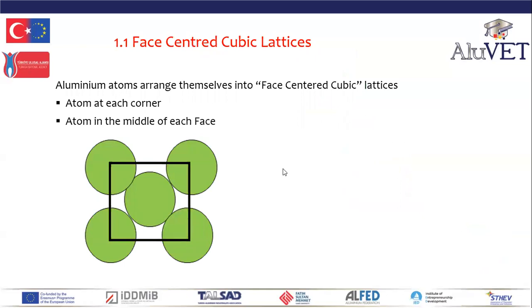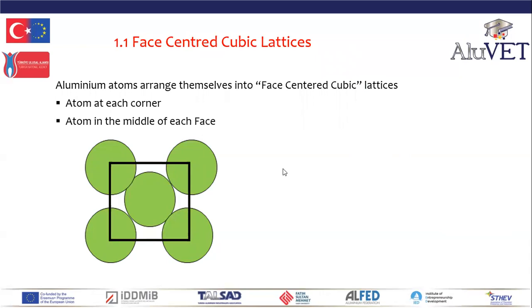Now, aluminium atoms arrange themselves into a face-centered cubic unit. In the face of the aluminium cube, in the center of each face of each cube, there is an aluminium atom, and at each corner there is an aluminium atom.